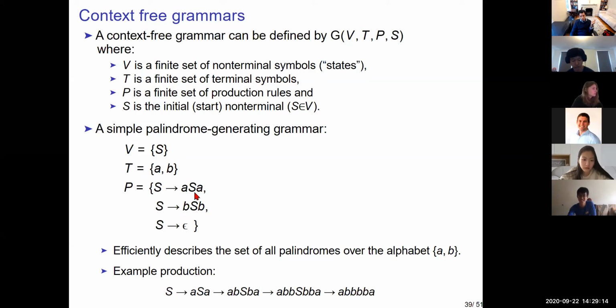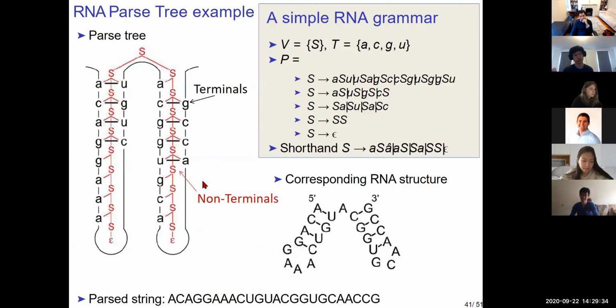And these production rules effectively dictate the type of sentences that your grammar can capture. For RNA structures, the types of sentences are base pairs, for example, where you're producing two bases at the same time, or splits, where you're producing half a sequence and another half of a sequence.